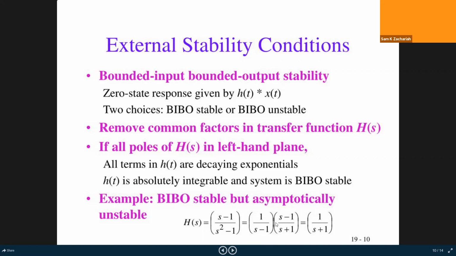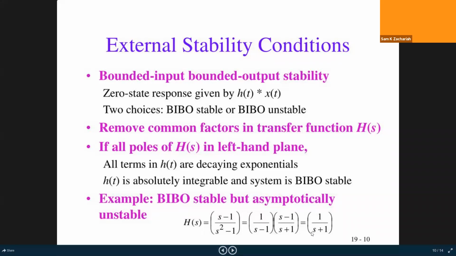But you can see that mathematically you can cancel this s minus 1 and s minus 1, leading to 1 by s plus 1. This system, if you start with all 0 initial conditions, is bounded input, bounded output stable. For example, if you give a unit impulse command to this system, the response will be e raised to minus t.